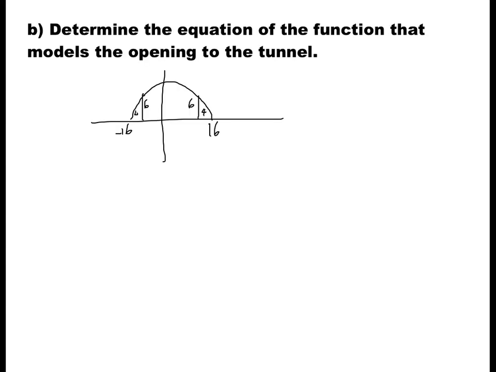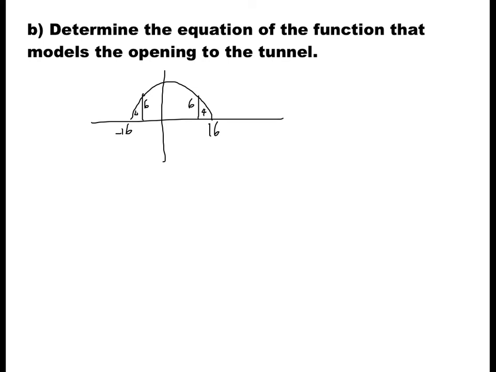In the second part, the question asks to determine the equation of the function that models the opening of the tunnel. So we know that the zeros of the parabola are 16 and negative 16.